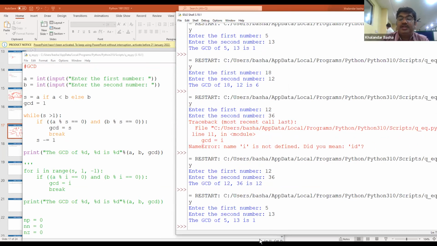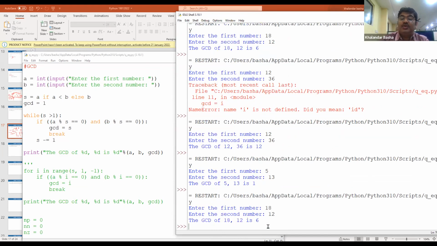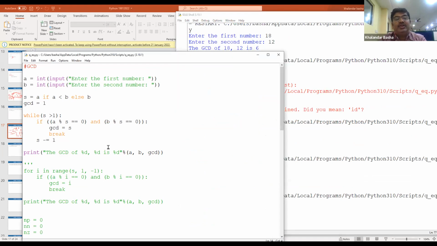GCD is 1. The third case we are considering is 18 and 12. The greatest common divisor is 6. So the logic you can implement using either a while loop or a for loop. Both are valid.